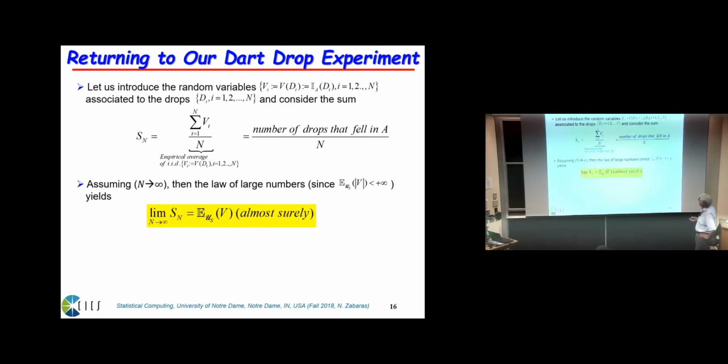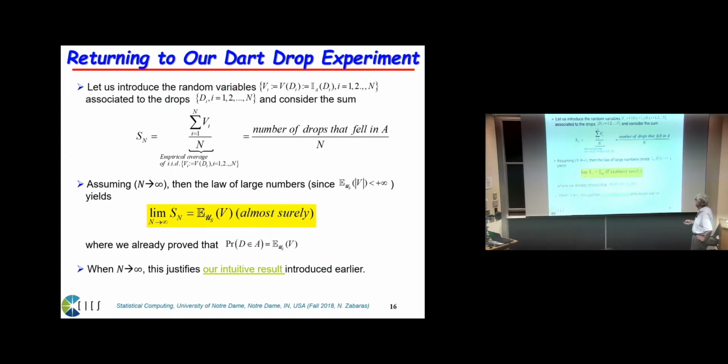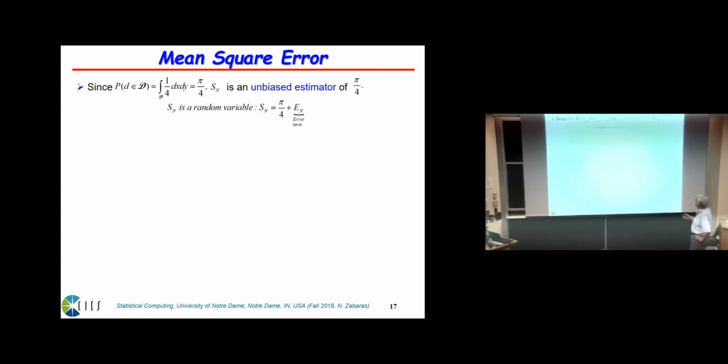So we gave a statistical interpretation of this. This is the sample mean of the indicator function. As n goes to infinity, it converges to the expectation of the indicator functions under the uniform distribution on the square. You remember the formula we had: the probability of hitting the circle was the area of the circle divided by the area of the square.